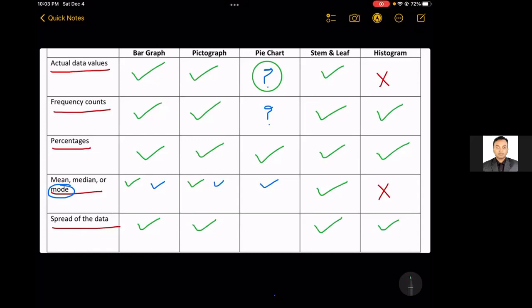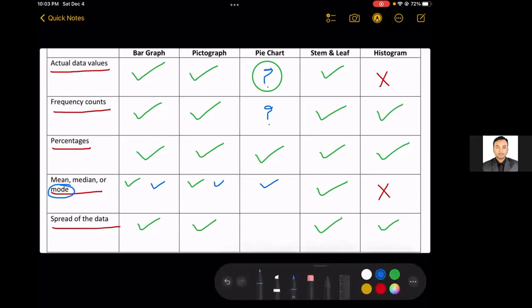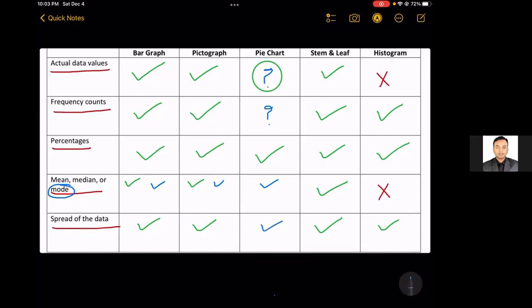And from the pie chart, we can see the percentage. So we get a good idea how spread out it is, but we may not get a complete idea of the spread from a pie chart.